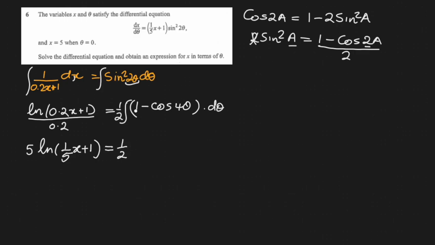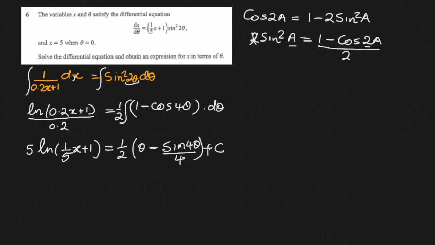So now the integration of 1 will be theta, minus the integration of cos 4 theta, which will be positive sine 4 theta, and the negative will stay negative. So it will be sine 4 theta over 4, plus c.